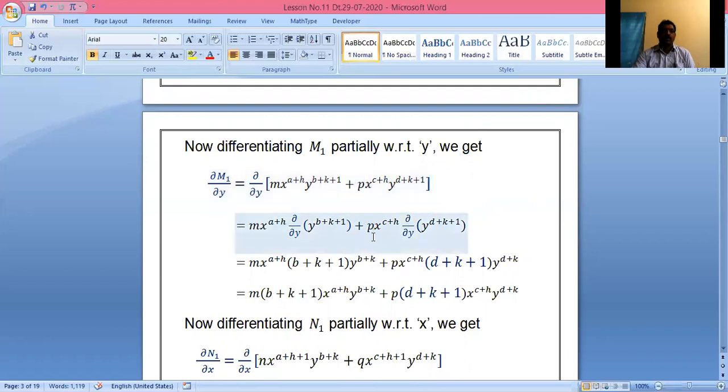Therefore, we can write p x^(c+h) ∂/∂y of y^(d+k+1) = m x^(a+h) ∂/∂y of y^(b+k+1), which is (b+k+1) y^(b+k), plus p x^(c+h) ∂/∂y of y^(d+k+1), which is (d+k+1) y^(d+k).